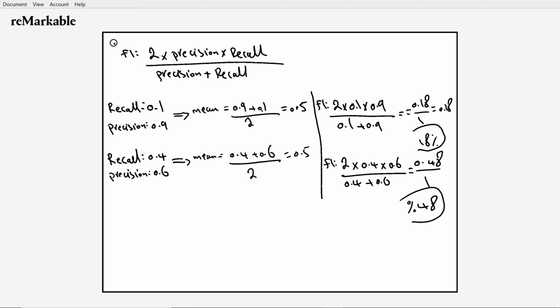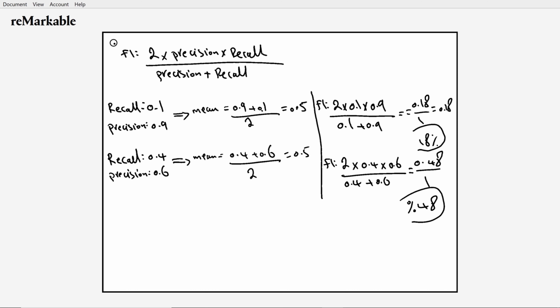Whereas in the second case, my F1 score ended up being 48%, which is kind of telling me it's close to the midpoint. It's an average model. It's performing average in terms of recall, and it's performing average in terms of precision. So I was able to capture that concept of precision and recall in a single number.